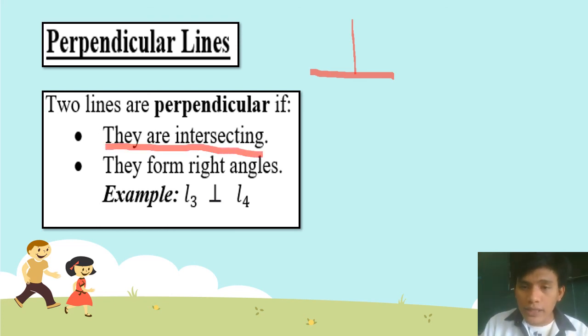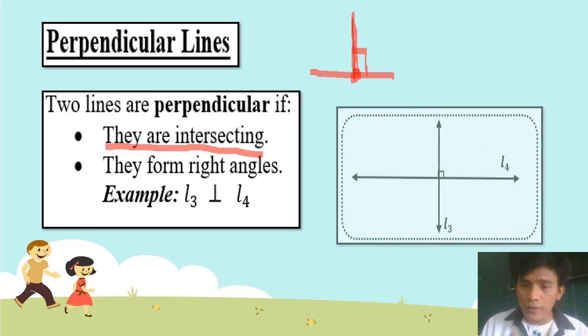So the two lines intersect, and this will be the intersection point of the two lines. They form right angles. If they are intersecting each other, then they form a right angle if the two lines are perpendicular to each other.